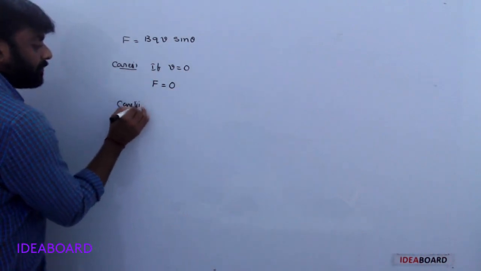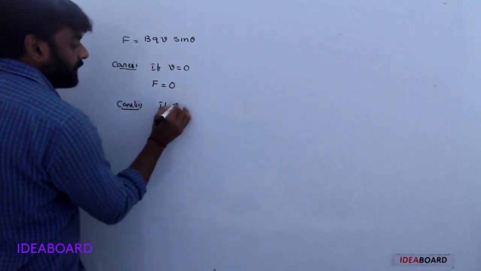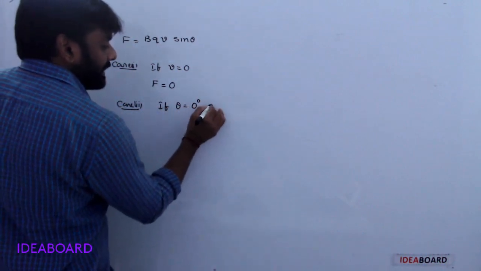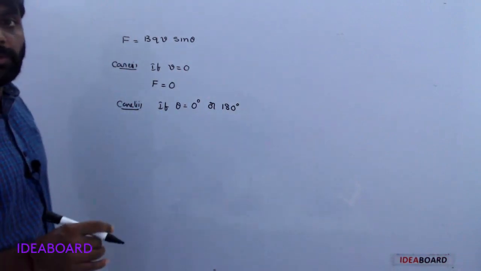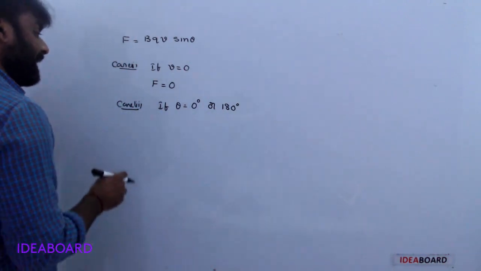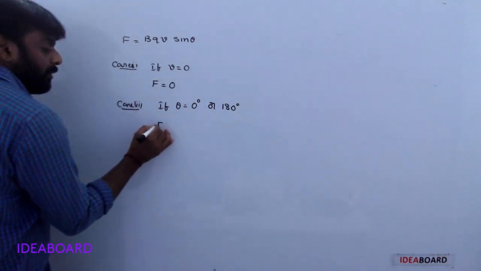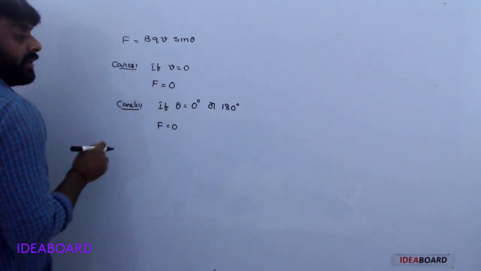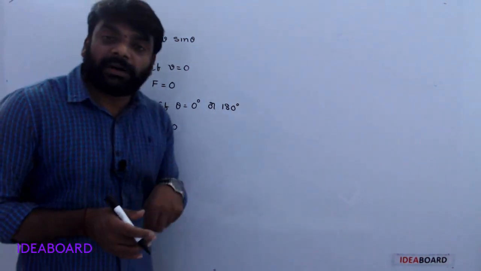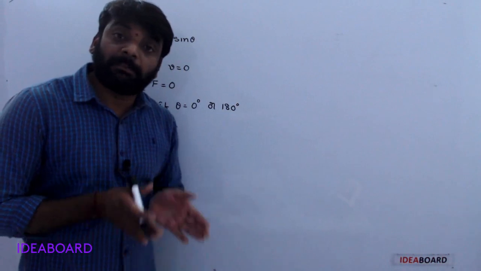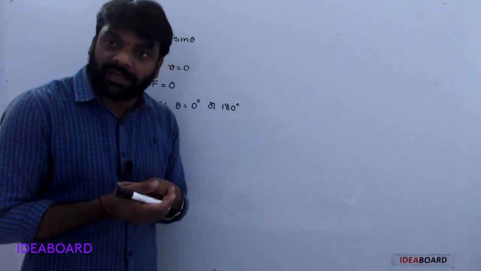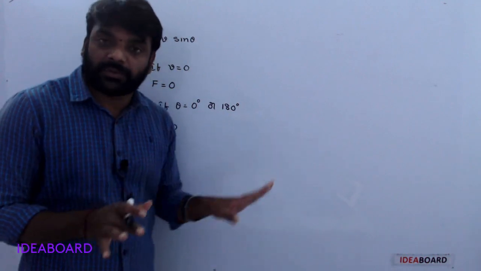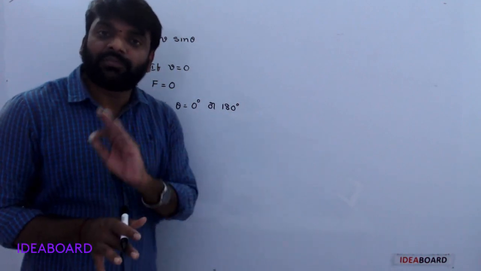Case 2. If theta is equal to 0 degrees or 180 degrees, what about the force? It is 0. That means a charged particle moving with velocity parallel or anti-parallel to the magnetic field does not experience any force.